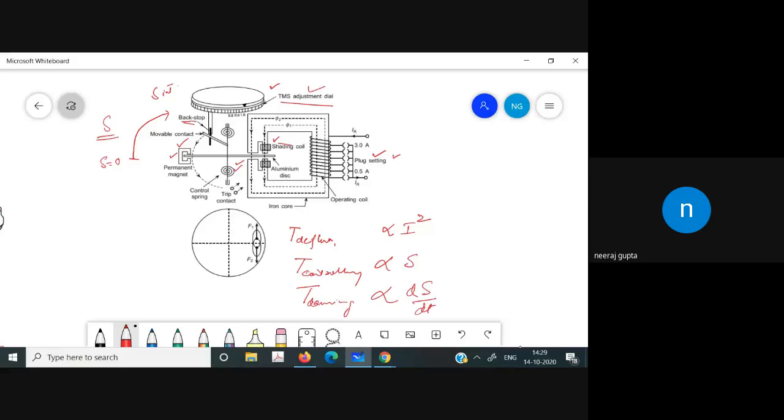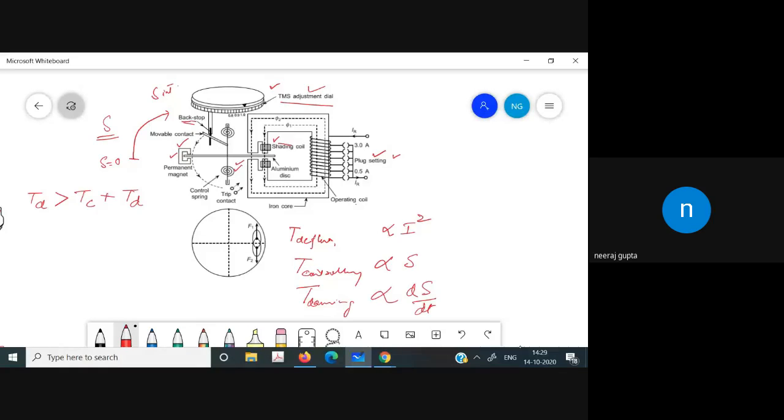Now this torque equation can be written with the deflecting torque, the controlling torque, and the damping torque. The deflecting torque should be greater than the controlling and damping torque when it operates. We have to convert this into equivalent form using the proportionality factors.